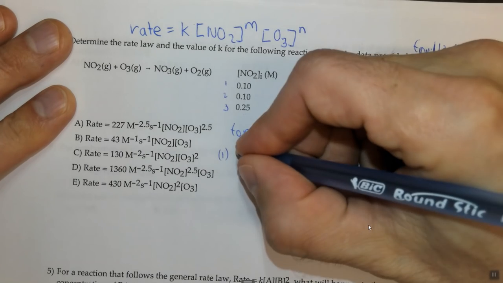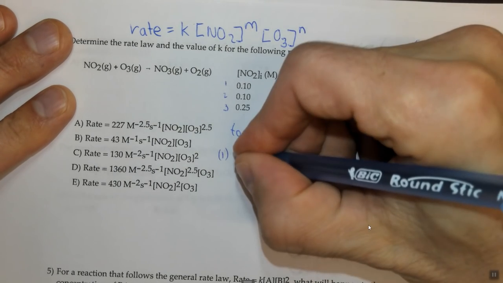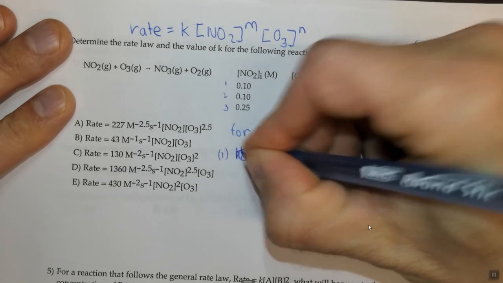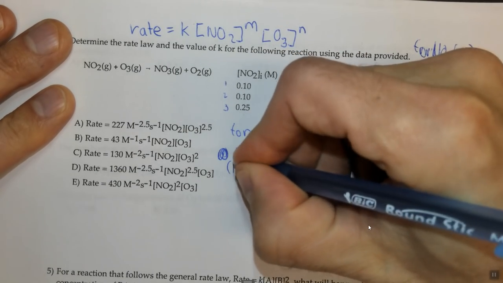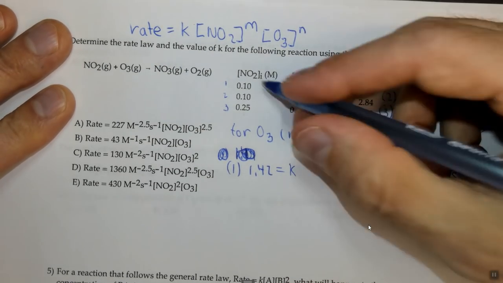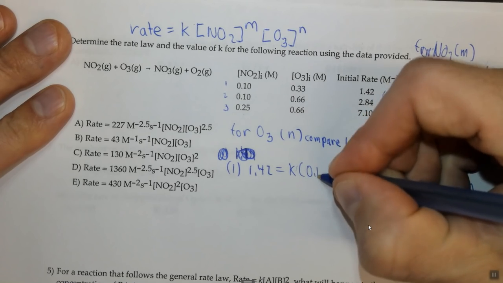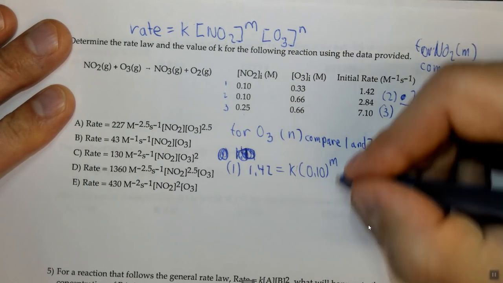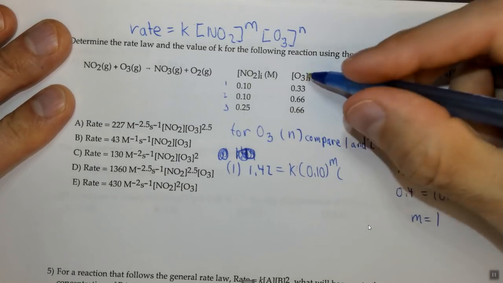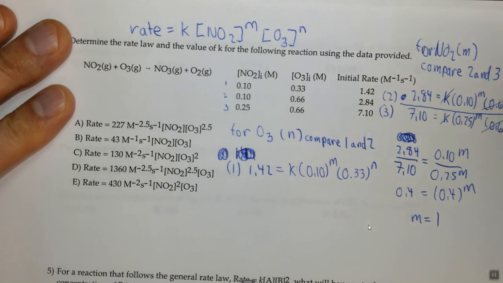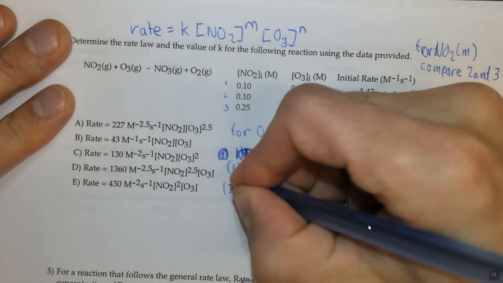For 1, the rate, which is given, is 1.42. That equals K, the concentration of NO2, which is 0.10, to the M, times the concentration of O3, which is 0.33, to the N. Now for 2, I want to do the same thing.